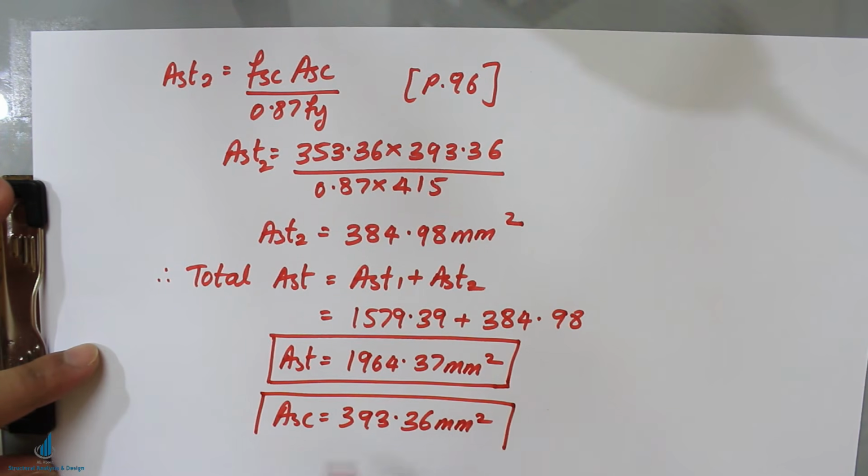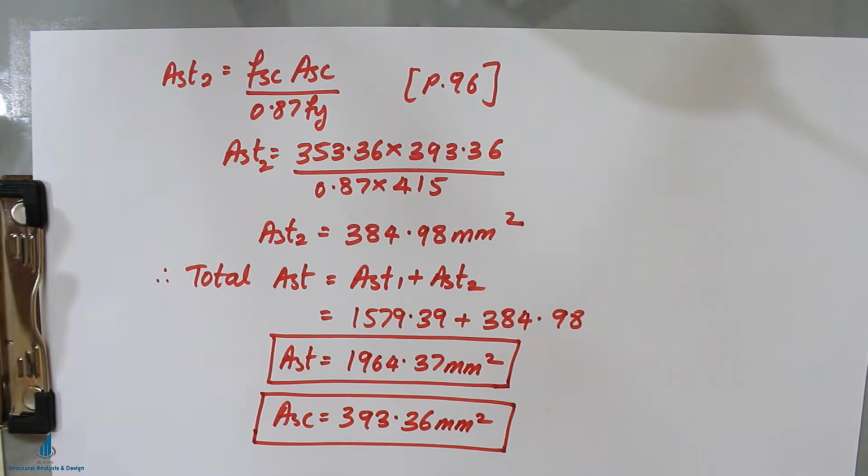So these were the things which were asked, the reinforcements in the doubly reinforced beam. Ast also you have calculated, Asc also you have calculated. So I think I have cleared all the doubts on how to calculate the reinforcements when only width and depth are given, provided the ultimate moment was also given.